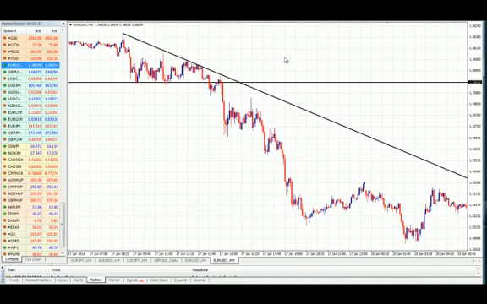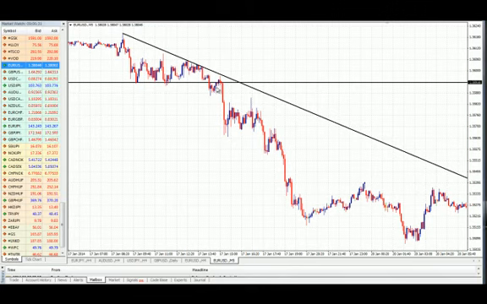Now, where is our entry? Our entry is when price comes to the level of previous support. We have a blue line that almost breaks above again, but then we have a red candle that has a big wick to the upside and to the downside, and this means that this candle is showing us indecision in the market.